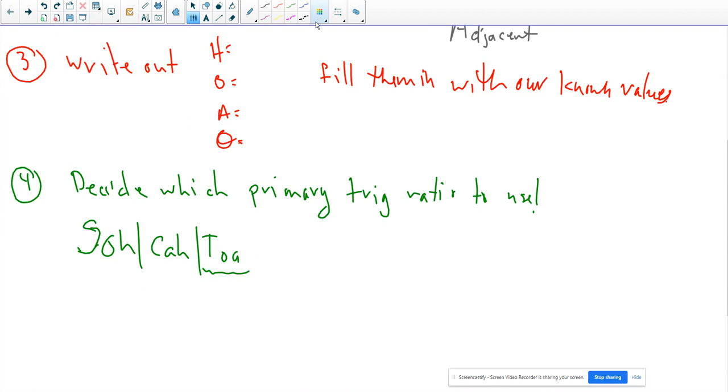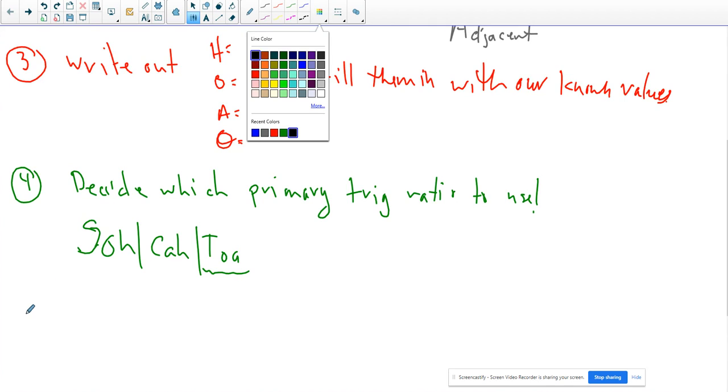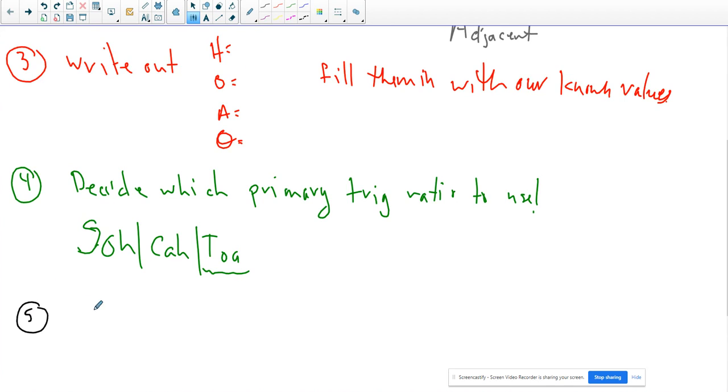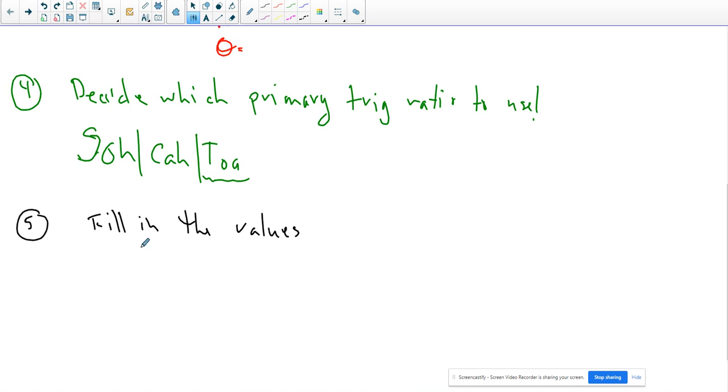The next step, step 5, is we are going to fill in the values. It's always going to be of the form sine, cos, or tan, depending on which one of these we've chosen.